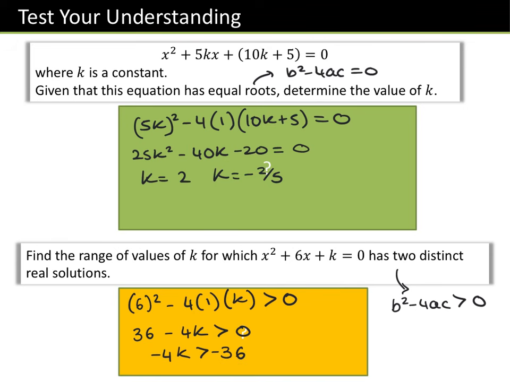If we divide by minus 4, though, what do we have to do? Change the sign. Well done. So then, if I divide both sides by minus 4, I get k is less than 9. So what this is saying then is for this to have 2 distinct solutions, k has to be less than 9.